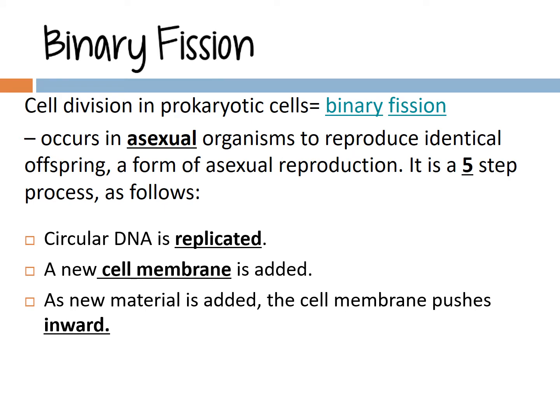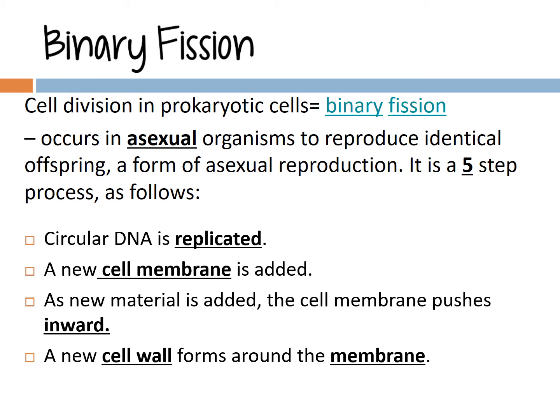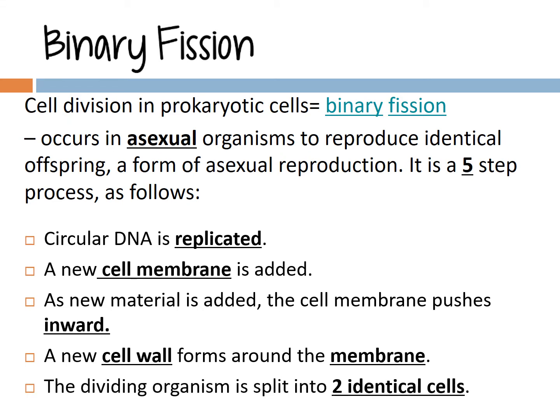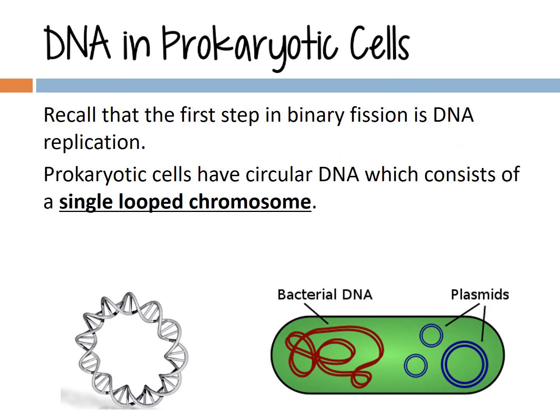As new material is added, the cell membrane is going to push inward. A new cell wall is going to form around the membrane, and then the dividing organism is split into two identical cells.